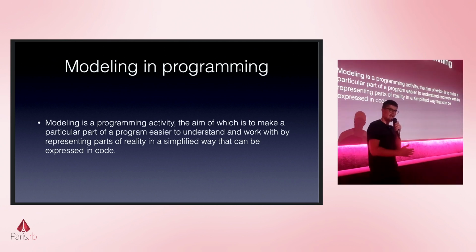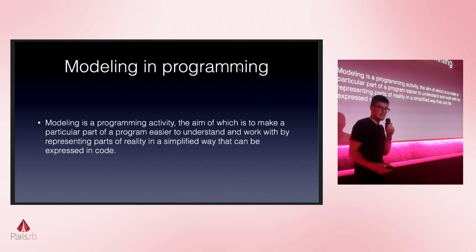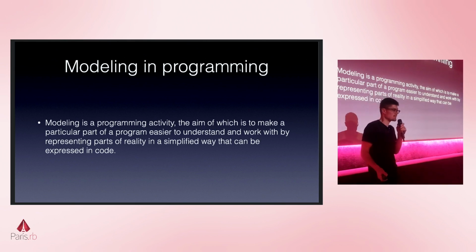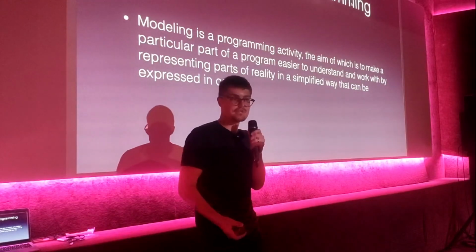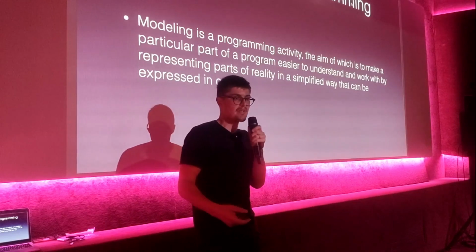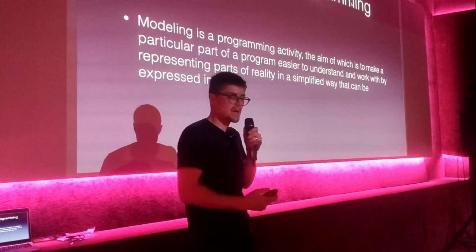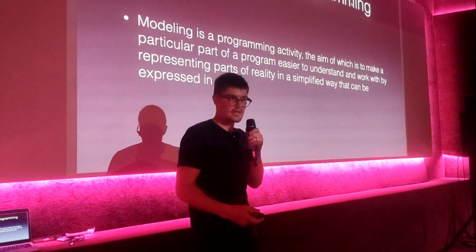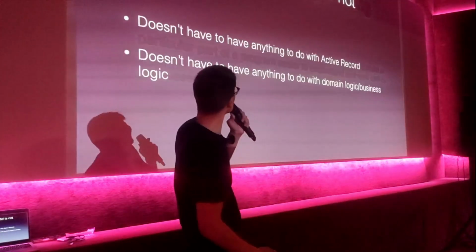Everything you put in that app models folder doesn't have to have anything to do with Active Record. It can just be a plain old Ruby object. And a plain old Ruby object doesn't have to be any kind of object. It doesn't have to be some design pattern or something like that. It can just be an object. And regular old objects are very powerful, and you can do a lot with just regular old objects.